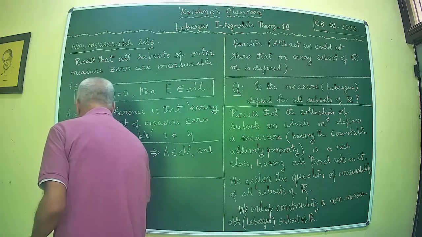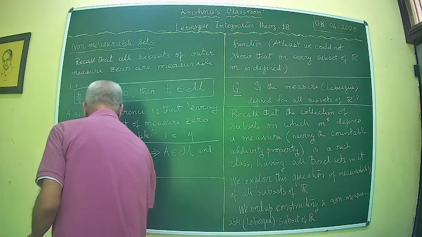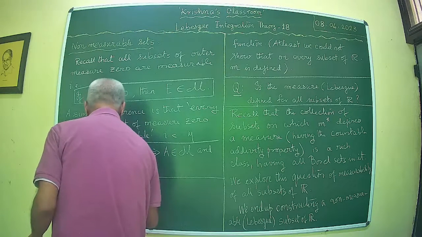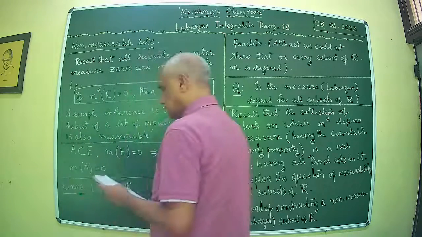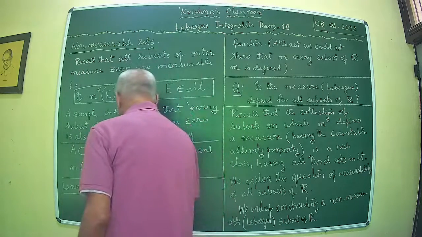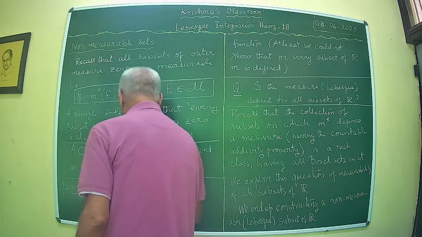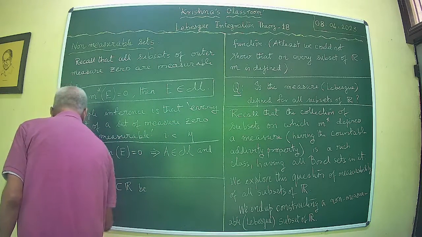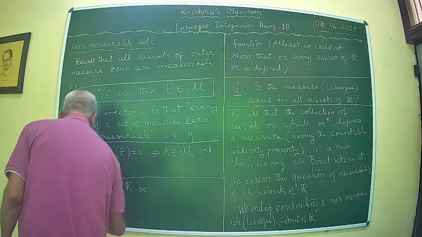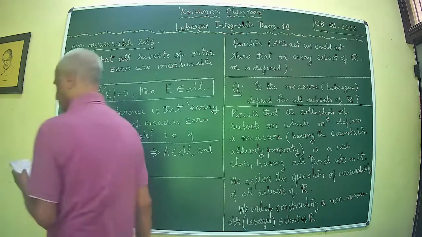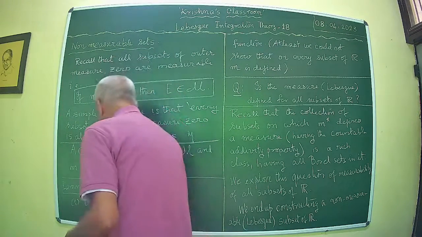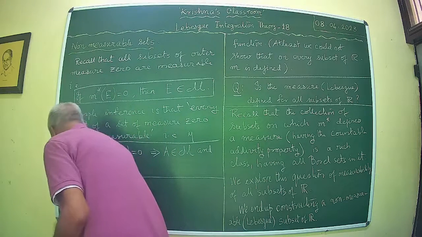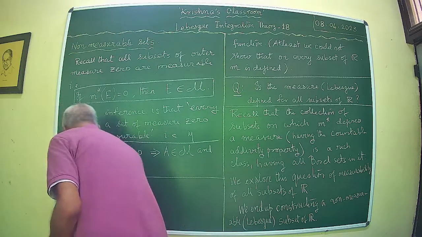Let E be a subset of R. One, E is measurable. Two, E is bounded.